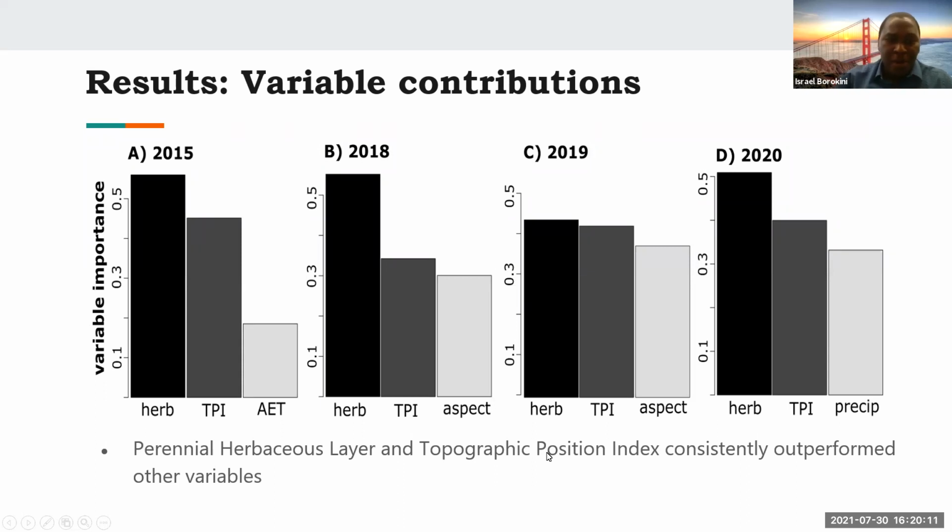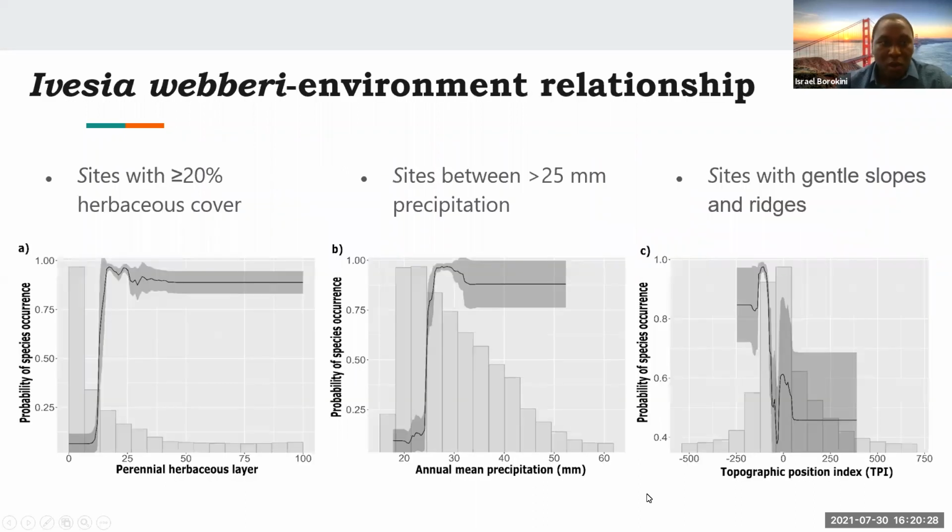So the perennial herbaceous layer and the topographic position index were consistently the most important, while the third variable differed across the years. But at the very end, we found that summer precipitation was really important as well.